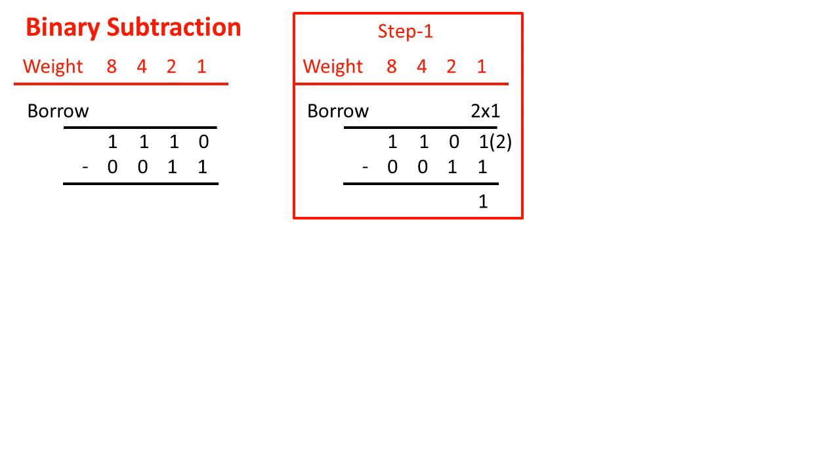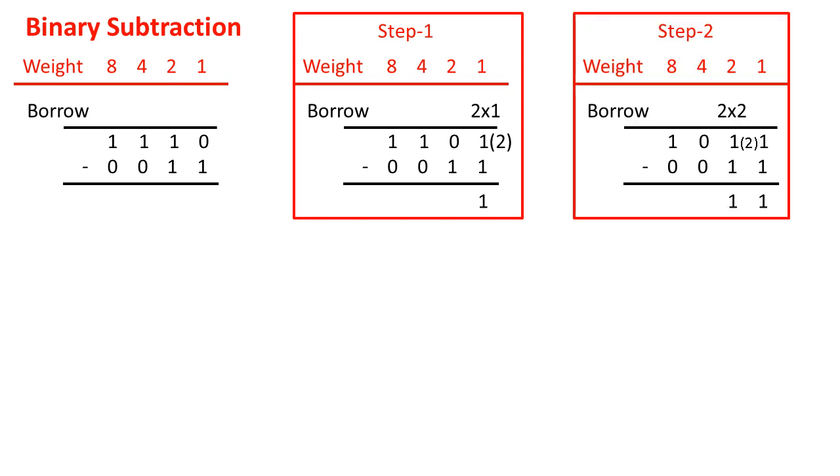But because the weightage of the rightmost column is 1 and the weightage of the second last column was 2, it will be taken as 2 ones. So 2 ones minus 1 one, the result is 1. So now go to the next step.